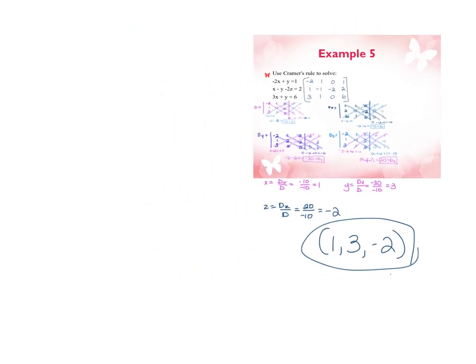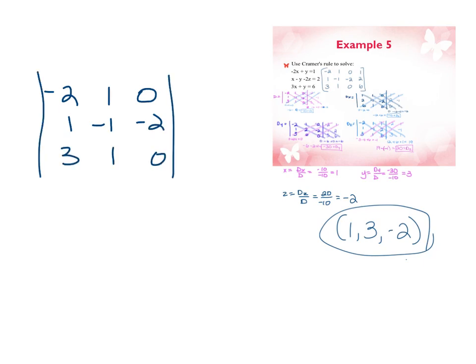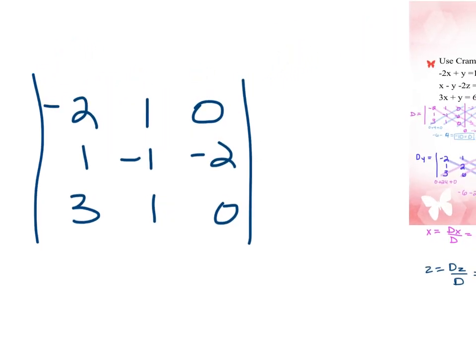So I'm just going to grab the very first one, which is the negative 2, 1, 0, 1, negative 1, negative 2, 3, 1, 0. And I'm going to find the determinant of this matrix. So this is expanding using either a row or a column. The thing that I had you skip in 7-7.